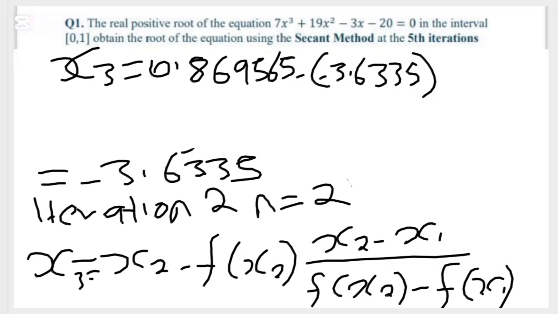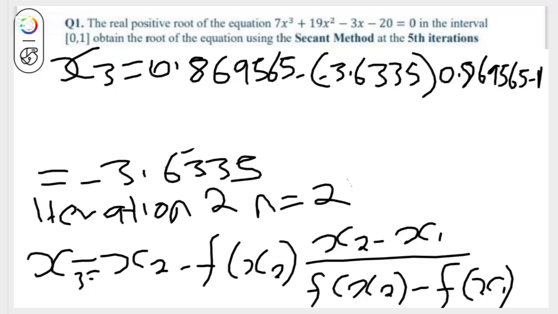So the value of x2 I will multiply by, again, the value of x2, which is 69565 minus 1. Then I have to divide it by f of x2 minus f of x1.